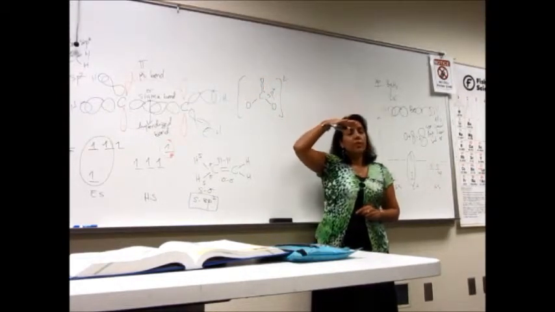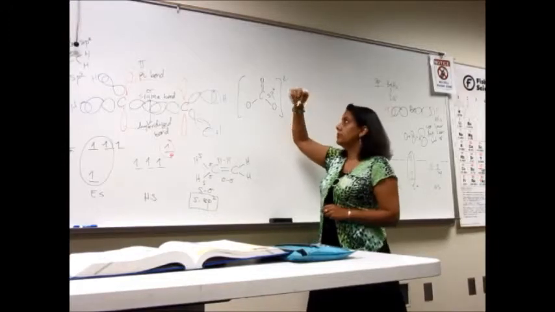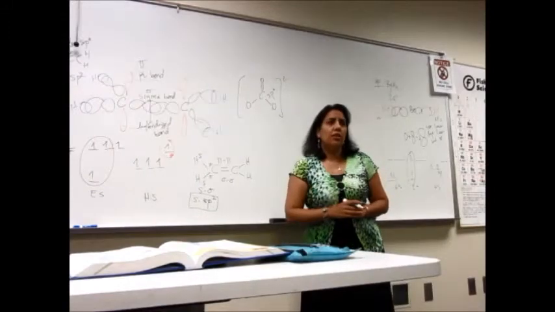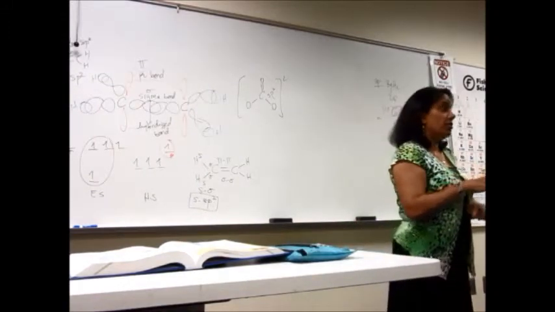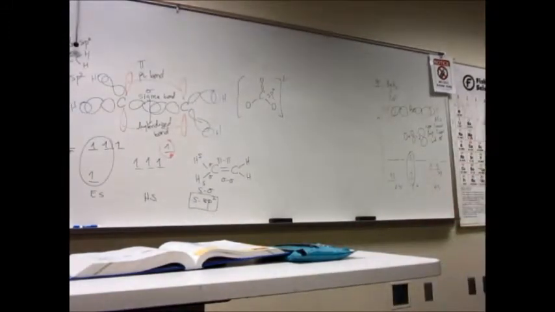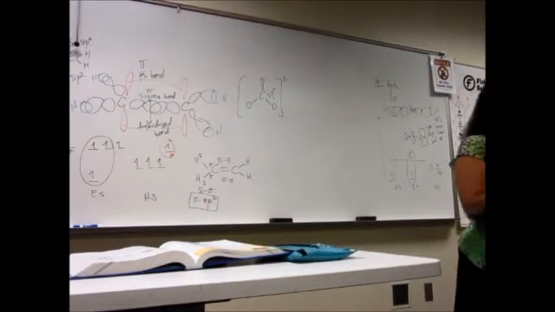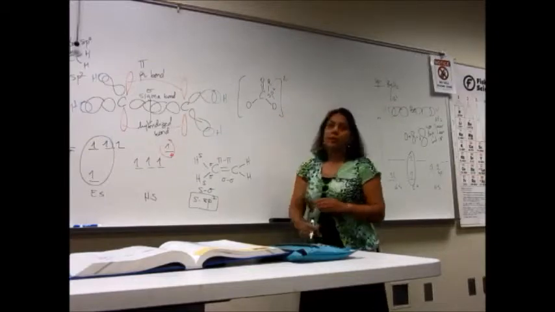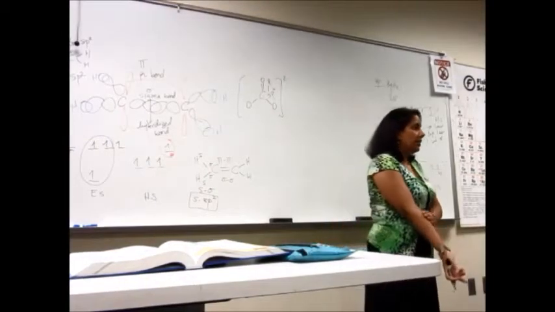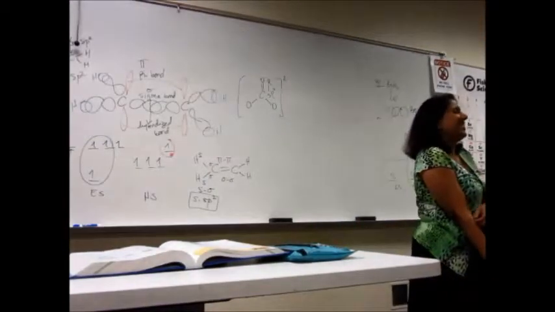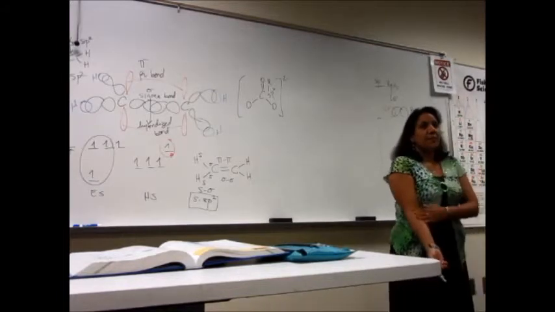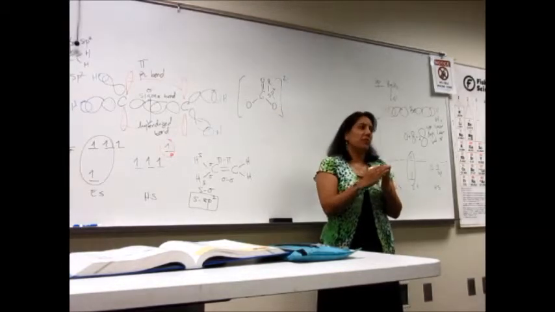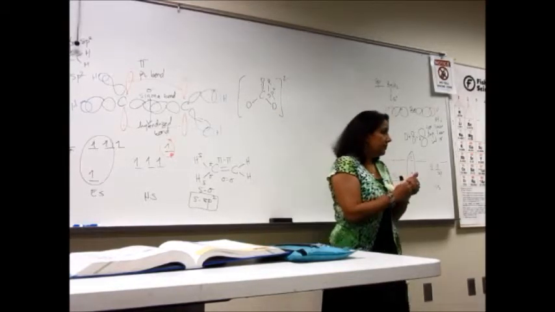And what's the orbital coming from oxygen? The orbital that's going to overlap from oxygen. You can look at the periodic table if you want. P. Okay, because it's in the P block. So sp2, P overlap. That's what's going on there. Oh, okay. Now I understand what you're asking. So sp2 and oxygen here also is going to be sp2 and a P overlap. Okay, that's what's going on there.